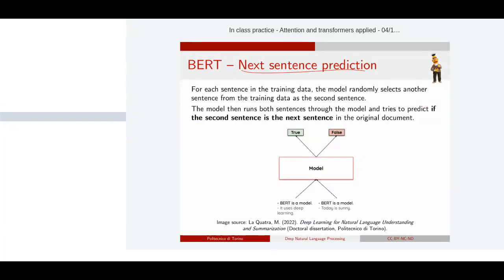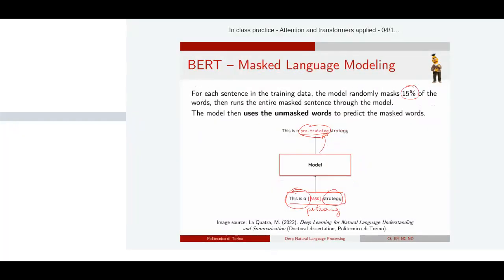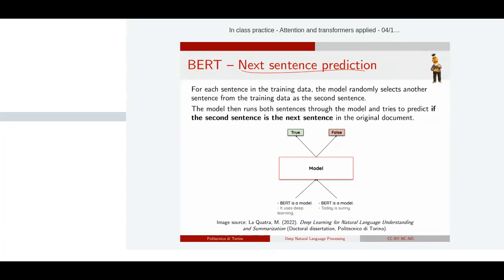So the idea is that by using the first and the second pre-training tasks, the model will learn first to understand how the words are placed in the sequence, and second, to have some logic about the second sentence following the first one.